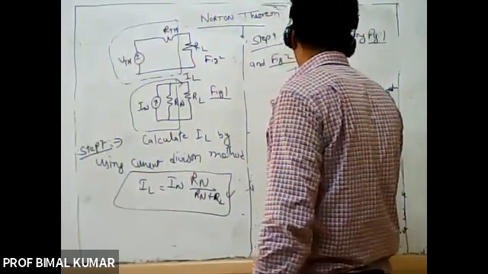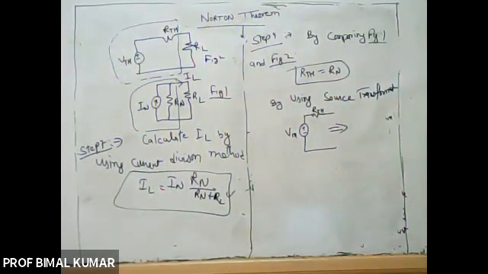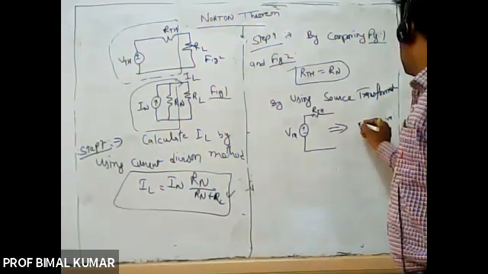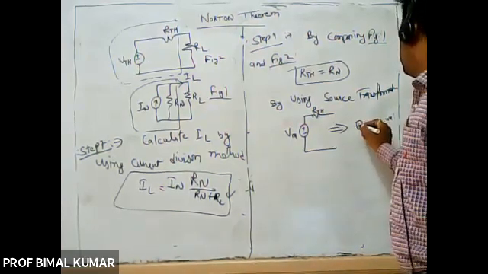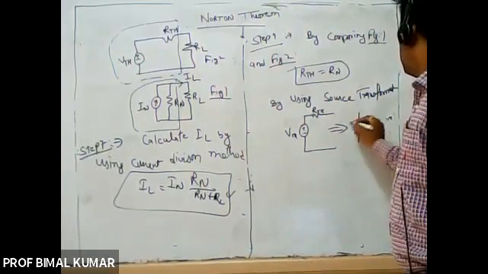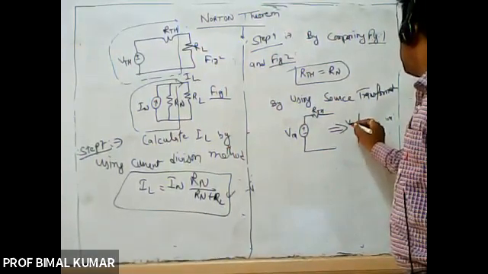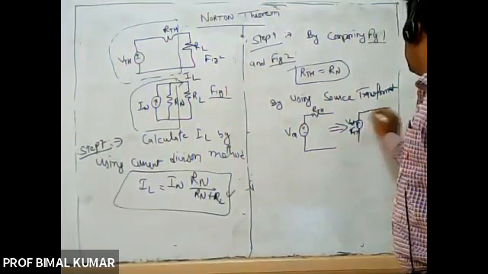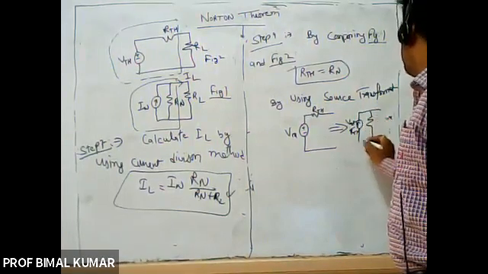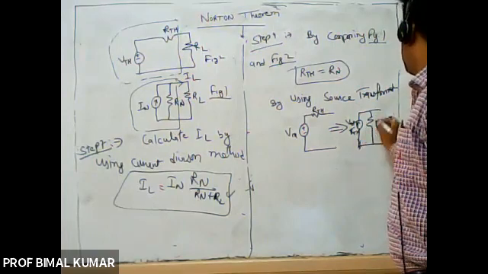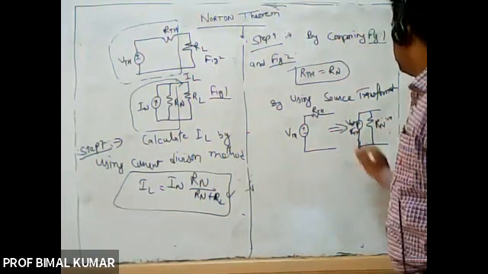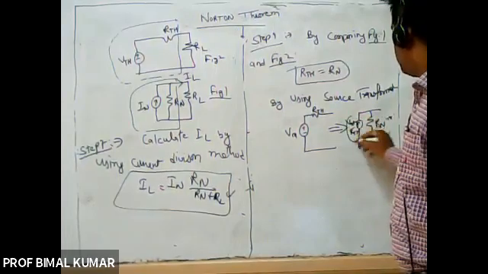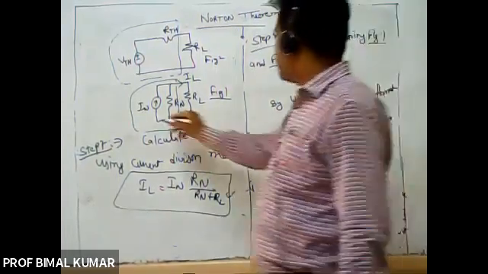If I have to convert this into an equivalent current source, then this will be the current source. The current source has the value VTH upon RTH, right? And here this RTH will be in parallel, and that will become RN, right? So VTH upon RTH is your value of IN.